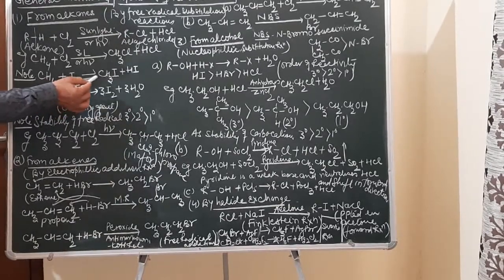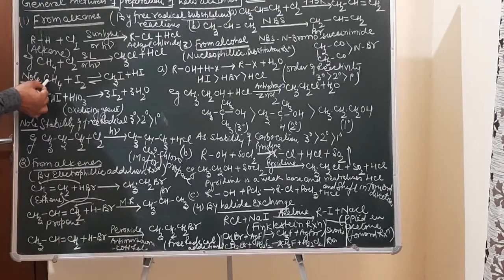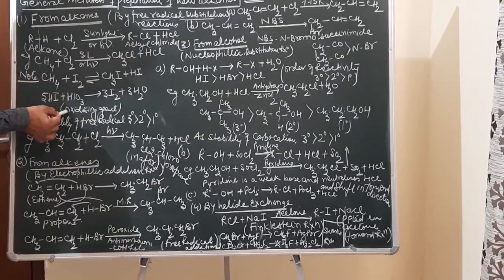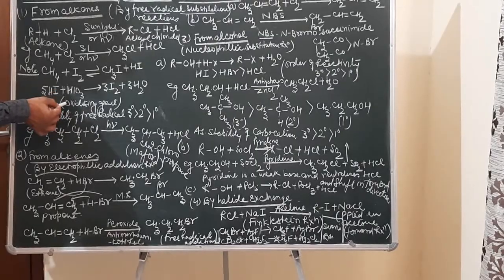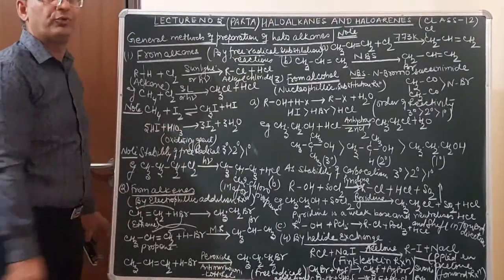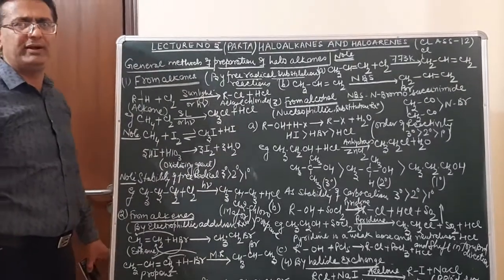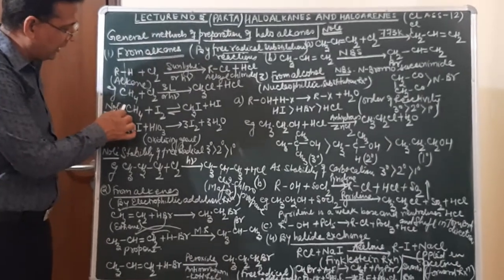So, to prevent the reversibility of the reaction in iodination, it is to be carried out in presence of an oxidizing agent like HIO3 or HNO3, which oxidizes the hydrogen iodide so formed into free iodine and hence prevents the reversibility of the reaction.